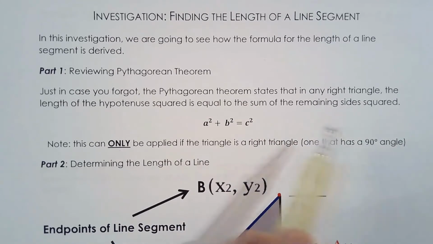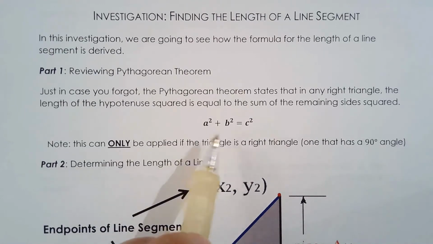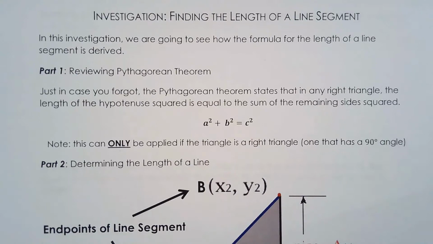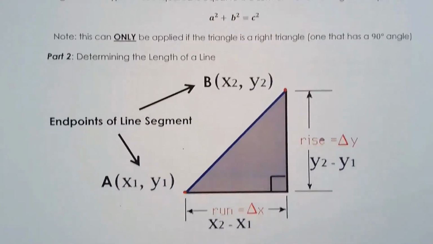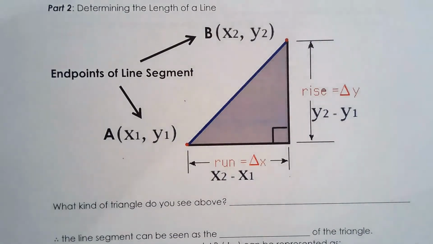We usually call those two sides the legs of the right triangle. What you probably remember is a squared plus b squared equals c squared. And once again, you can only apply the Pythagorean theorem if you have a right triangle. That's pretty important. Now how is that going to help us find the length of a line segment? Let's take a look.